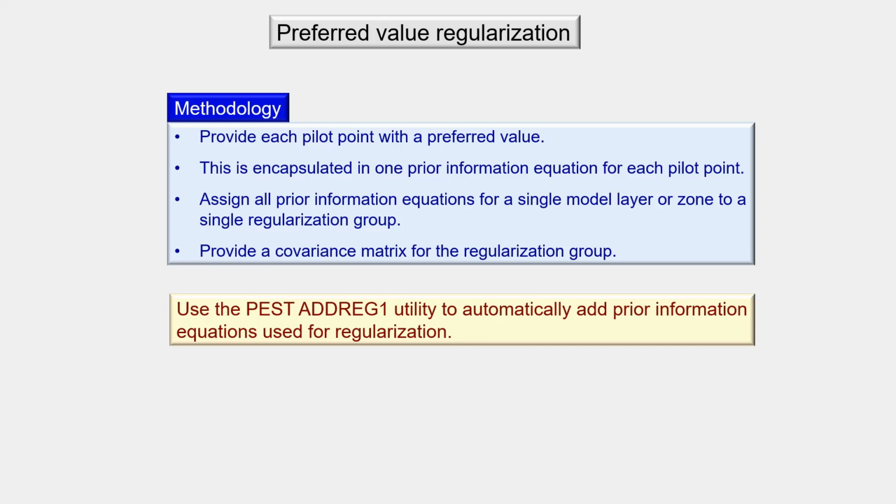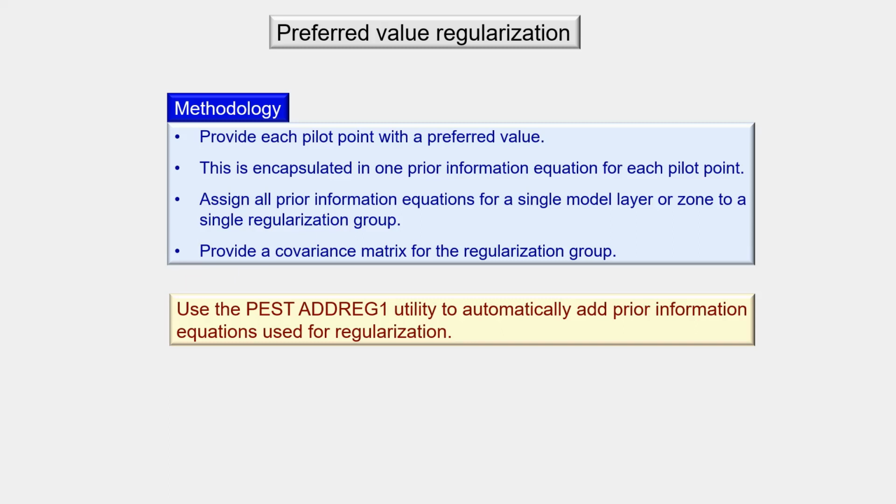For different parameter types, it puts those prior information equations in different observation groups. We should then provide a covariance matrix for each one of those observation groups.